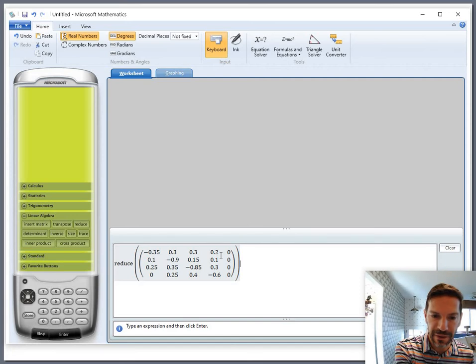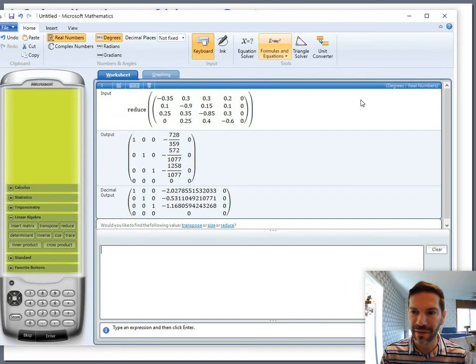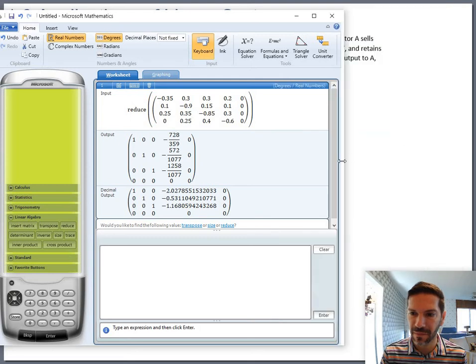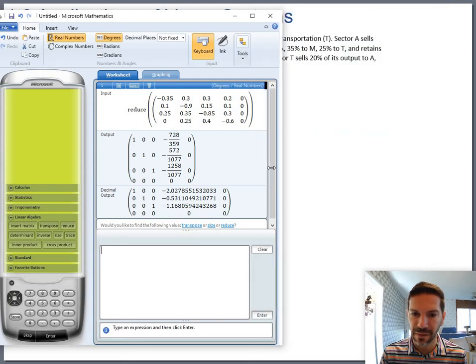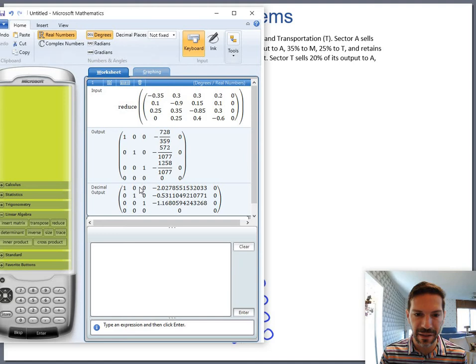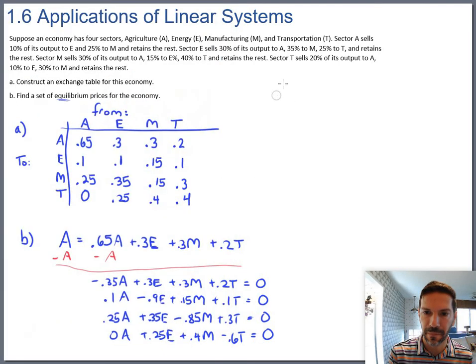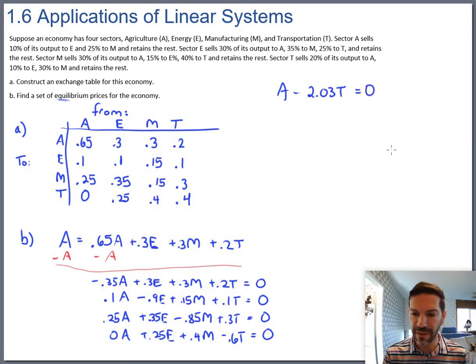So go ahead and reduce that. I don't like those fractions. Let's take a look at the decimal version, and we can round those a little bit. I can simplify this a little bit. Okay, so we had A first, so this would be A minus 2.03 T. We'll do the same for the other equations.